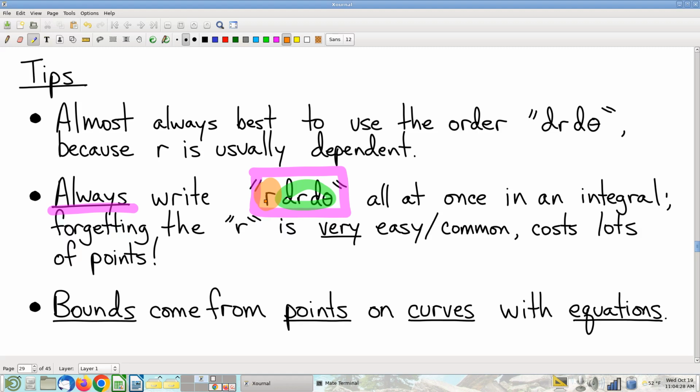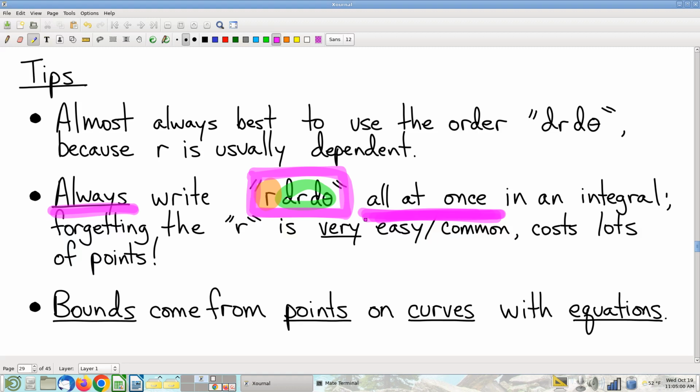So my solution is always write this whole thing down all at once. Don't write the dr d theta and promise yourself that you're going to remember the r. That's a gamble. You're playing with fire. Why not just write it down all at once? There's zero cost to writing it down all at once, right? And then you cut down on the, oops, oh my God, I can't believe I forgot that.